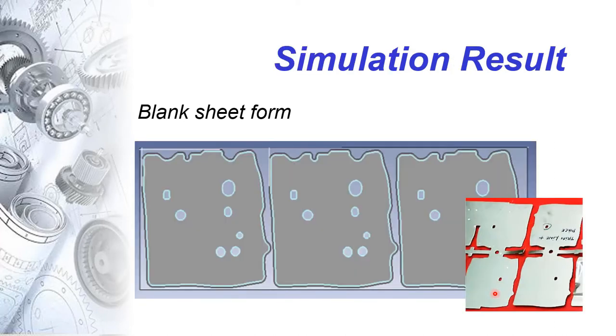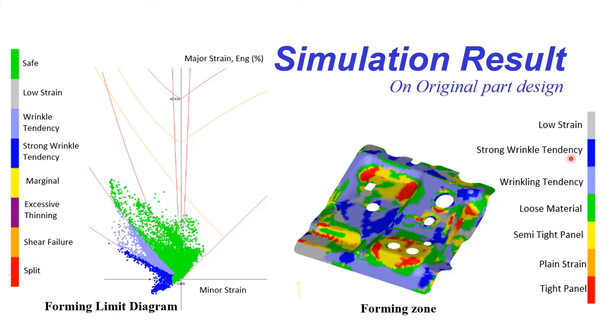The result of the first simulation, we got the blank sheet form. The left side here is the result from the simulation, and the right picture here is the blank sheet. On the original part design, the simulation result shows that there are mostly safety zones here, but there are some wrinkle tendency zones in the light blue color and dark blue color.